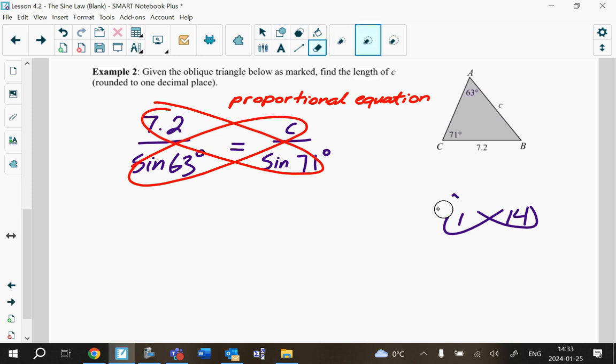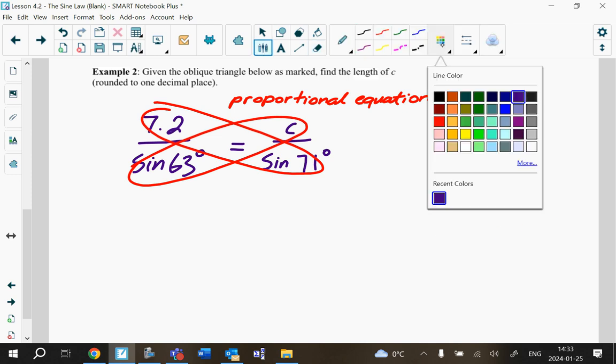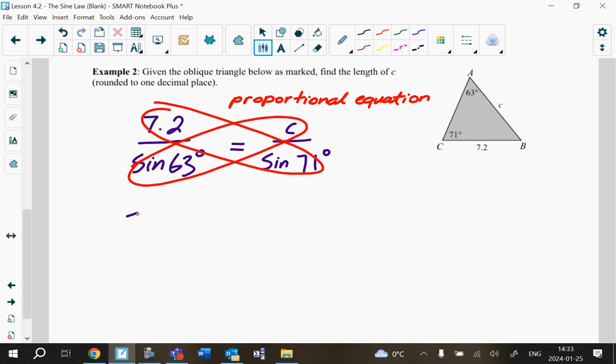Okay, so after we cross multiply, the equation looks like this. Actually, I'll put the C one first. It doesn't matter which one you put first. I'm going to put the one with the variable first. So you get C times sine 63 equals 7.2 times sine 71 degrees.